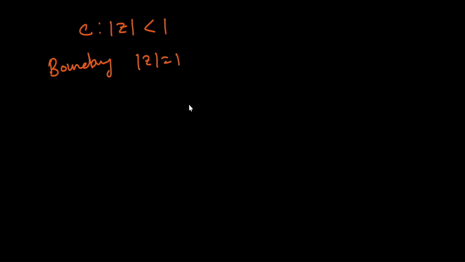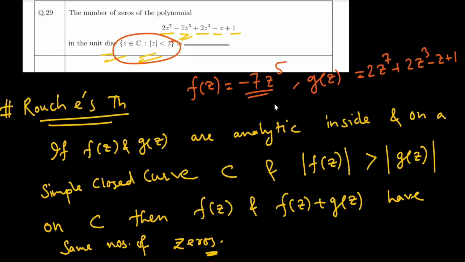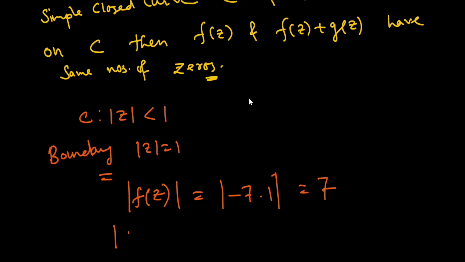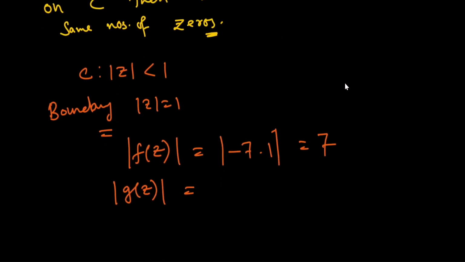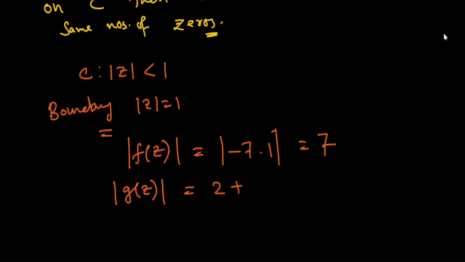Now at the boundary, f(z) equal to minus 7z^5. So at the boundary mod of f(z), we put the value of z equal to 1, so minus 7 into 1, this is equal to 7, and mod of g(z) at the boundary, 2z^7 plus 2z^3 minus z plus 1, means 2 plus 2 plus 1 plus 1, this is equal to 6.